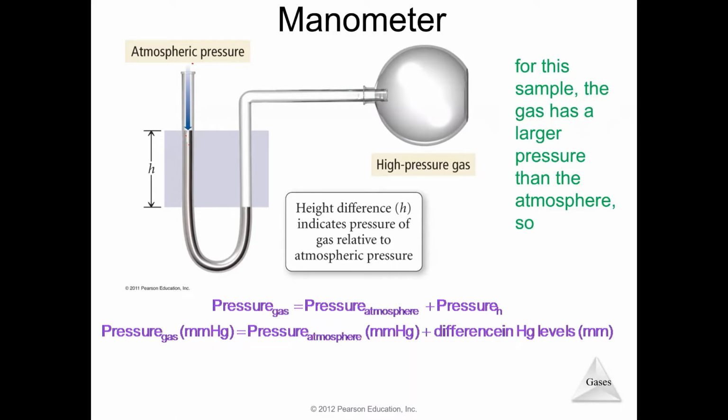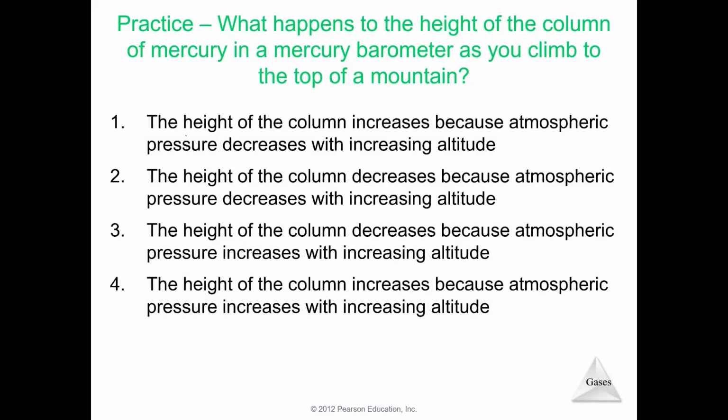All right. Now see if you can answer this question. What happens to the height of the column of mercury in a barometer as you climb to the top of the mountain? So you go to the top of the mountain, what happens to the mercury barometer?